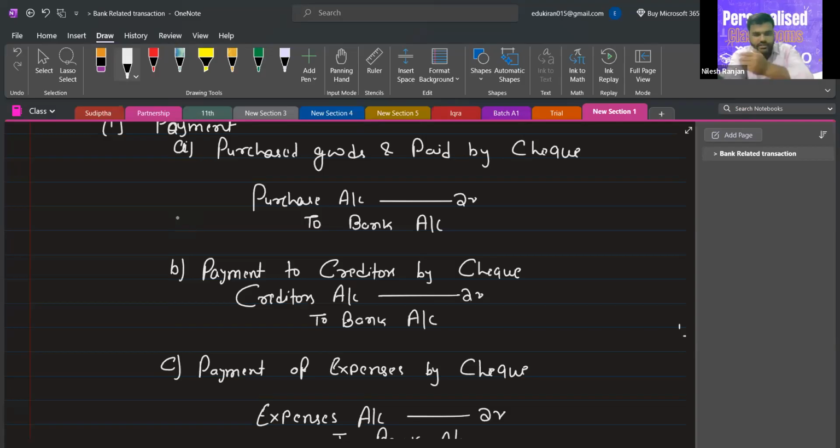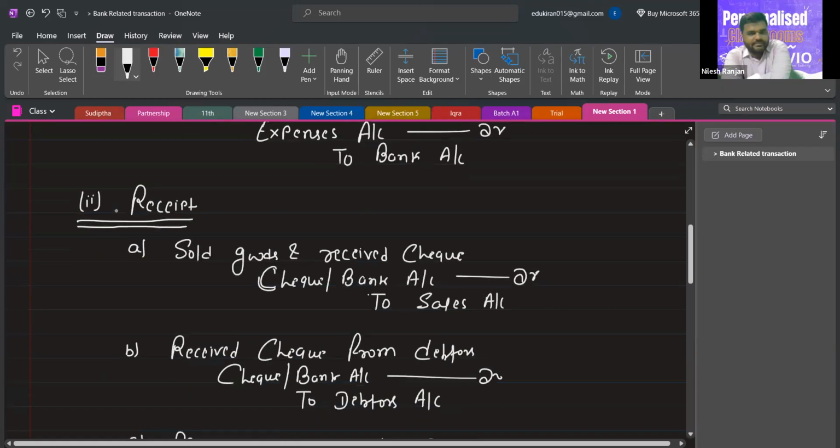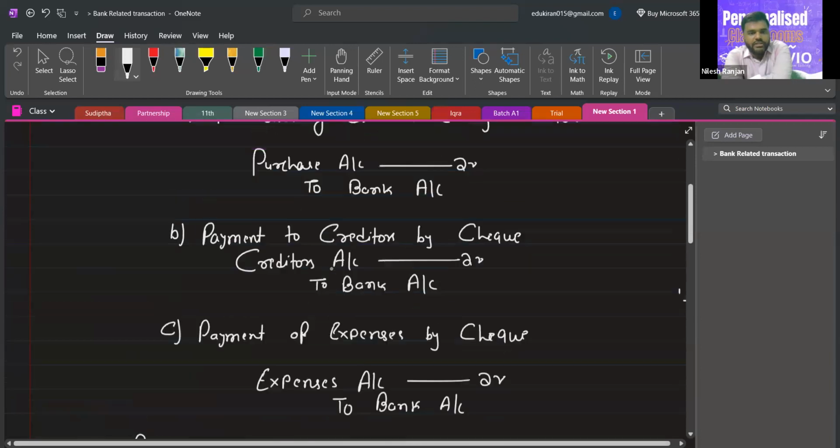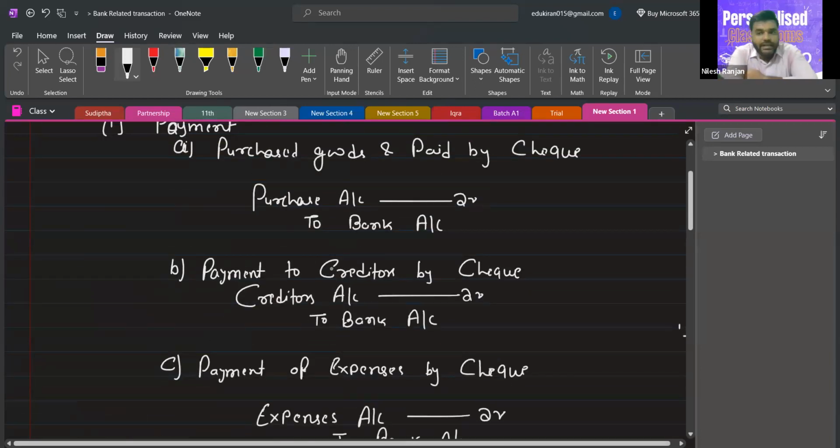Yes, I will scroll down, but do you have any doubt? No, sir. For now, no, sir. You can see in the receipt case, check and bank are written. So we have to use any one of them by using the concept I just told you. But in case of payment, we always have to use bank account. We don't use check account.